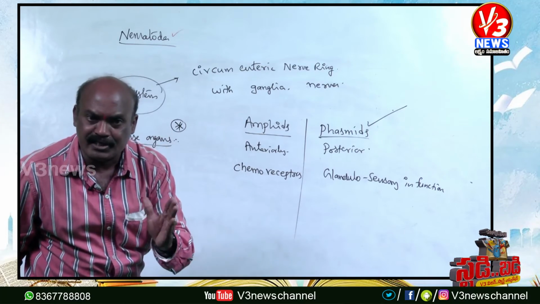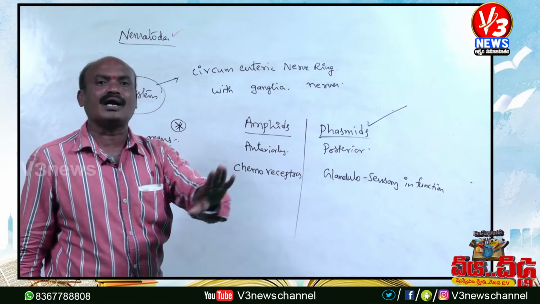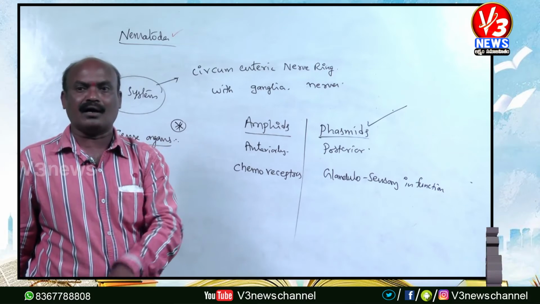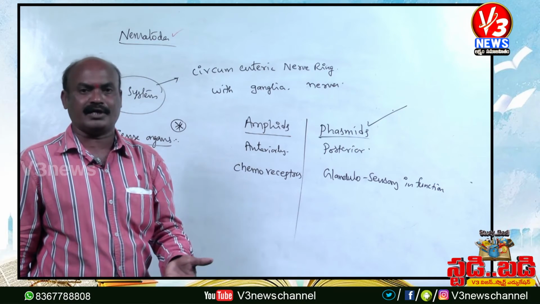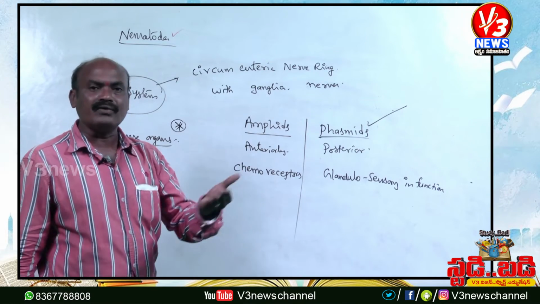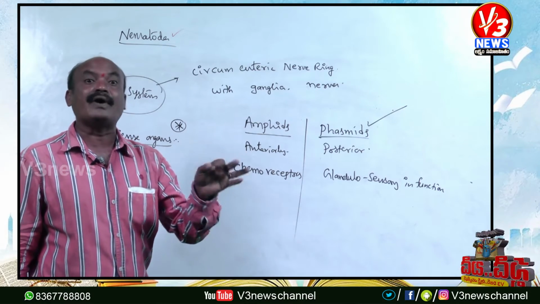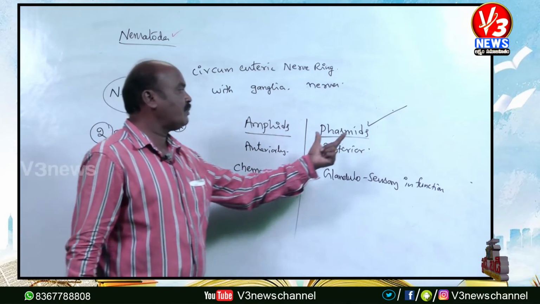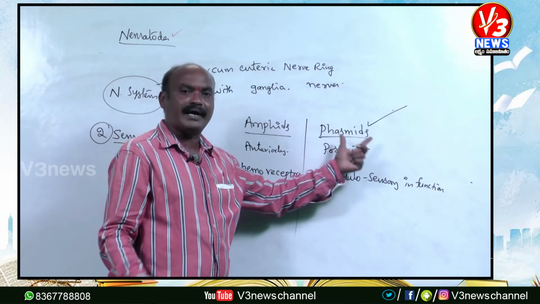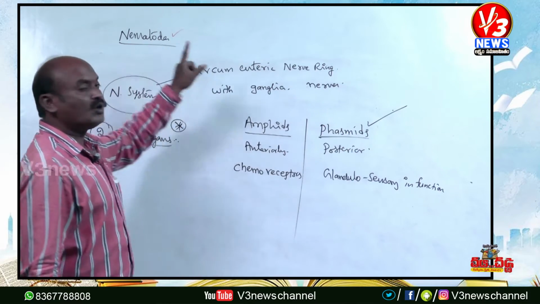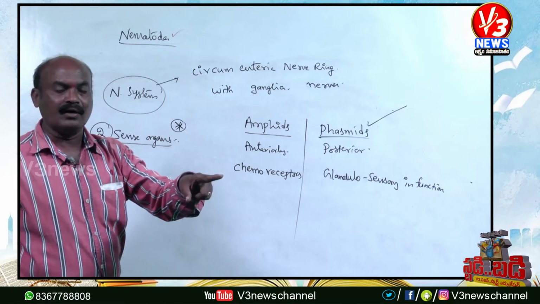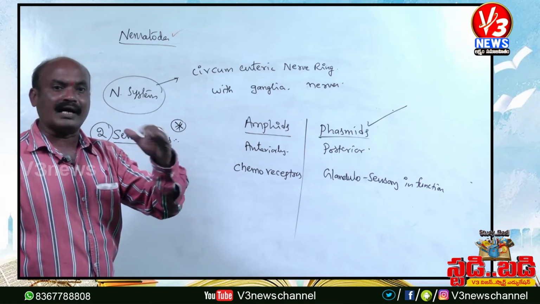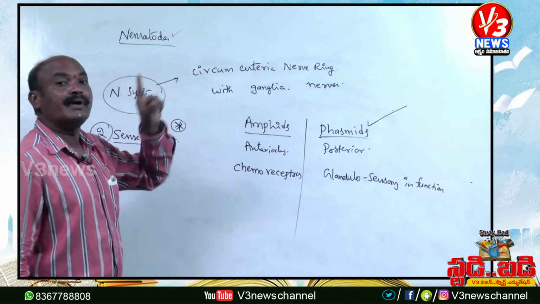If the phasmids are absent, they belong to the class Aphasmidia, because A means absent. The second one, Phasmidia, possess phasmids. So based on the presence or absence of phasmids, the phylum Nematoda was classified. This is the character for the classification of the phylum Nematoda.